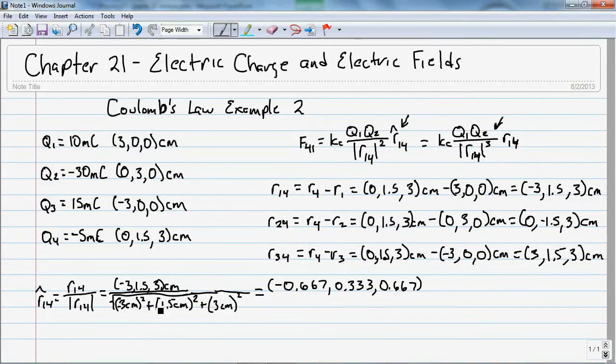That just takes into account that you're dividing each of these components by this denominator. That's how we come up with the unit vector.